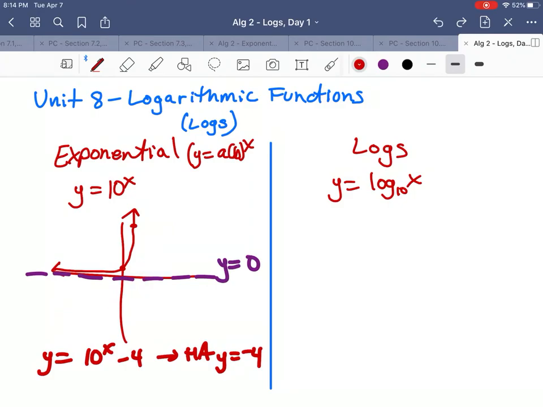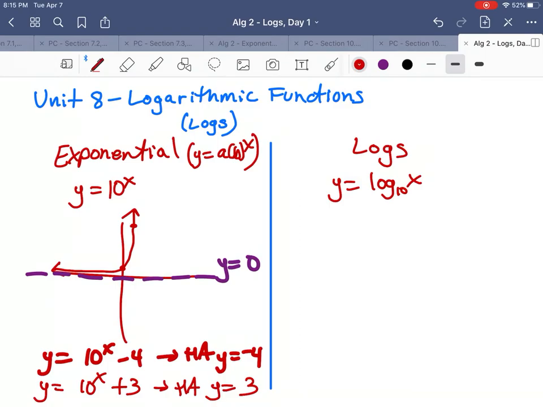If you had y equals 10 to the x plus 3, your new horizontal asymptote would be at y equals 3, because the whole graph would be moved up 3 spaces. Moving this graph left or right, you don't even care, because it doesn't change the asymptote. It changes the picture, but it doesn't change where the asymptote is.